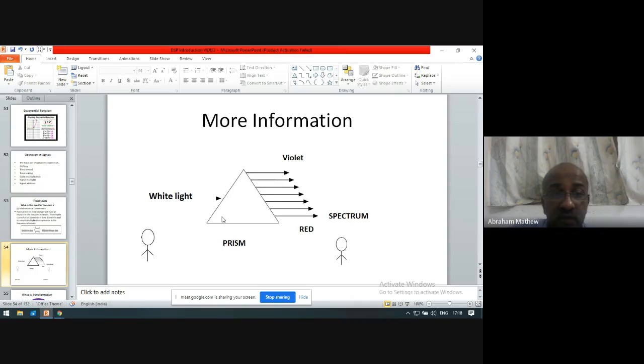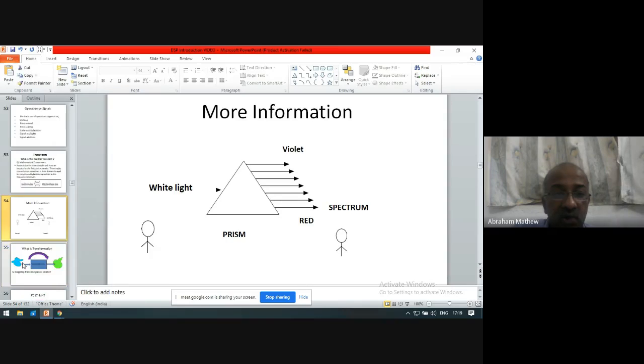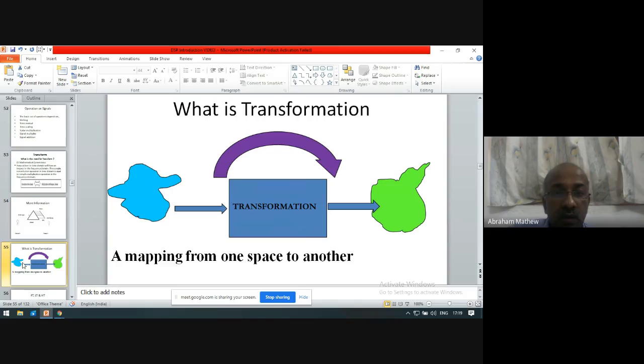There are a large number of transforms available. So the two needs for a transform: the first is mathematical convenience and the second is getting more information.